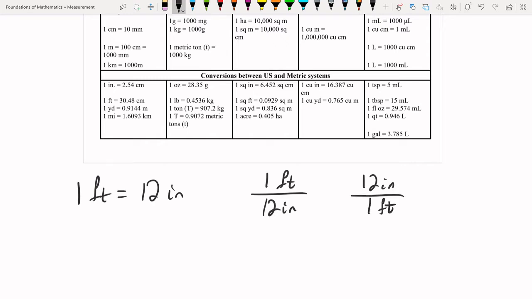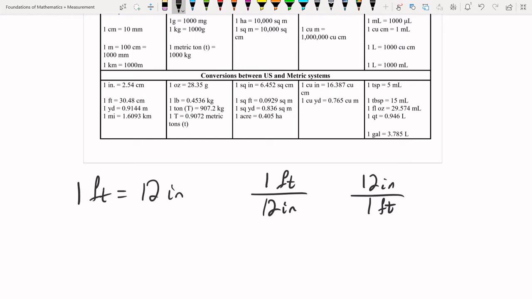And this is a fraction that we multiply some quantity by to change the units. The important thing to note is which one do you use? Well, you always do it so that the bottom ends up canceling or the top ends up canceling, whatever your situation is. I'll show you that here.